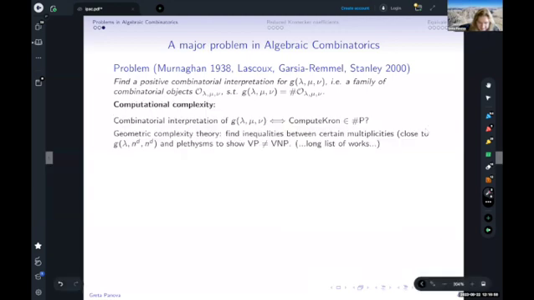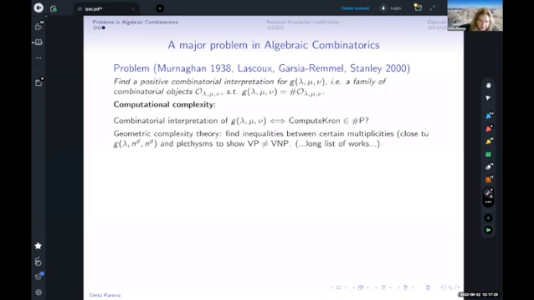And so, as I said, I mentioned computational complexity a few times. These problems are related to computational complexity theory in two ways. One way is that computational complexity theory can formalize what's so difficult about these Kronecker coefficients and what kind of formulas we can expect for them.